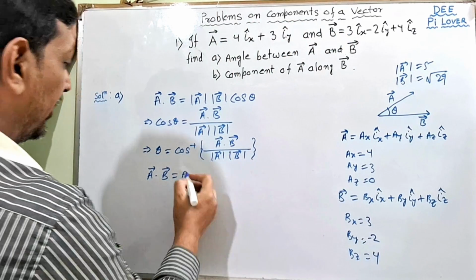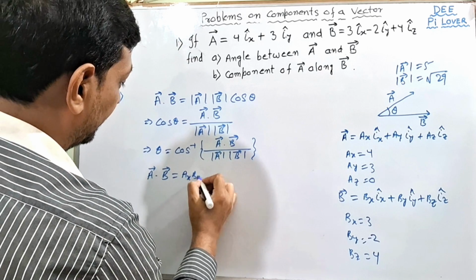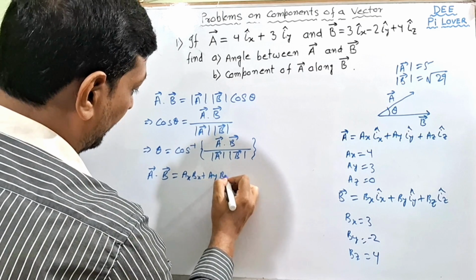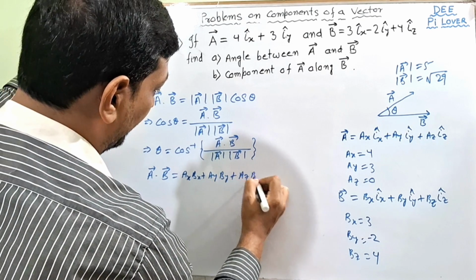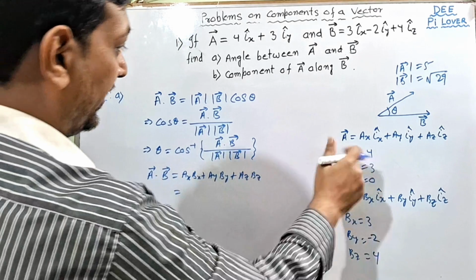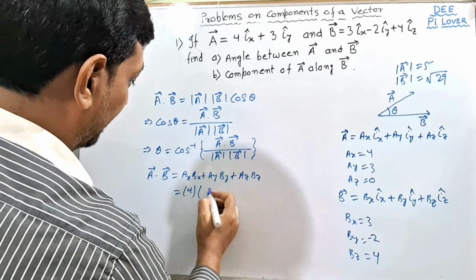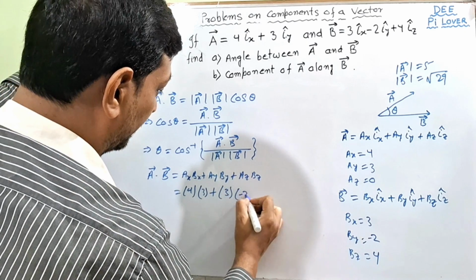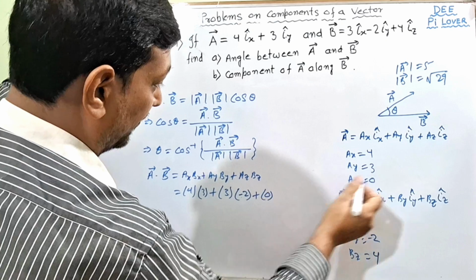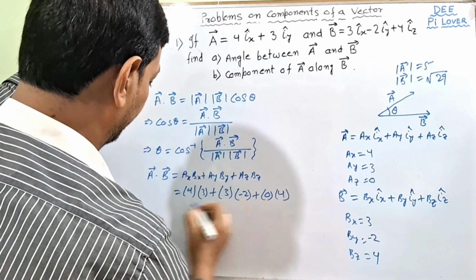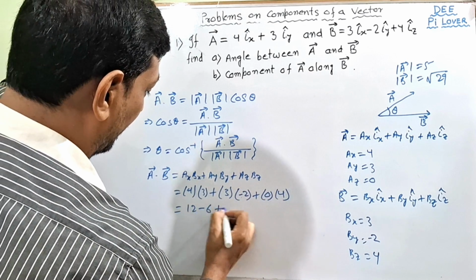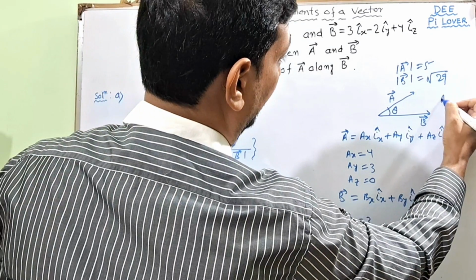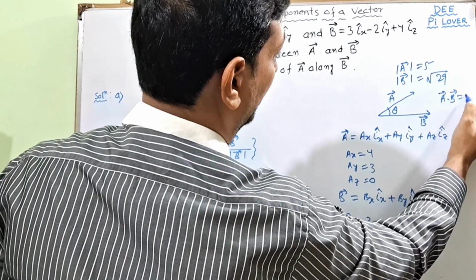Then we can write A dot B equal to AX BX plus AY BY plus AZ BZ, equal to AX is 4, BX is 3, plus AY is 3, BY is minus 2, plus AZ is 0 and BZ is 4. 12 minus 6 plus 0 equal to 6. Now A dot B is equal to 6.